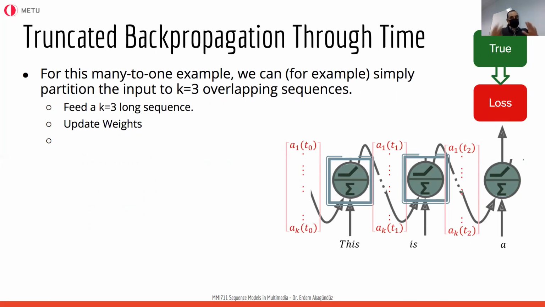What I mean, I'll try to make clear. So I first get only a 3-element subsequence from the sentence. I feed it to my unrolled in time representation. I have some activations. When I'm backpropagating the loss, I use these activations and the weights to update the system.